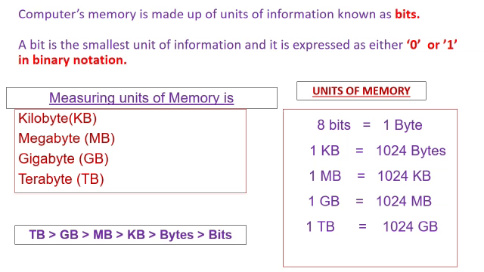Bits are the smallest and terabyte is the greatest. So now we have learned how information is stored on memory devices in the form of bits, bytes, KB, MB, GB and TB.